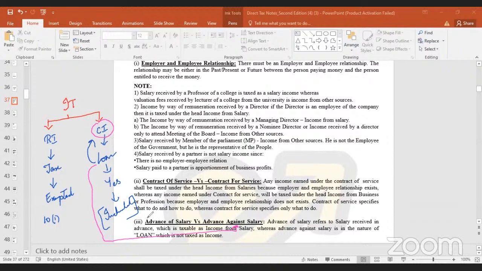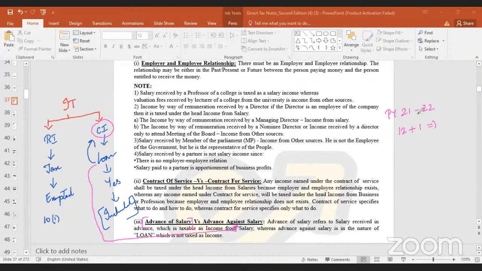Next is an advance of salary. April month salary, since you have an emergency, you've written a letter or sent a mail to your employer to receive the salary in the month of March itself. So for PY 2021-22, you receive 12 months salary plus you're going to receive April month salary also.